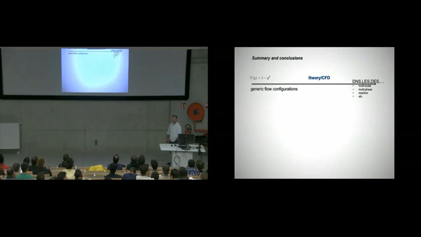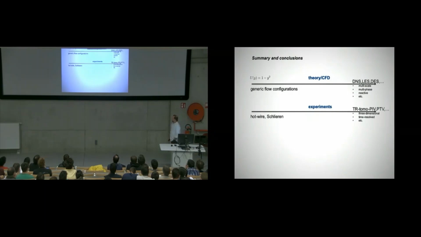So theory has moved on. CFD has certainly moved on. Same thing with experiments. We started out with hot wires, smoke visualization, Schlieren, very low key, and they still have a place. But now we also have much more insight into flows from an experimental point of view with Tomo PIV and time resolved PIV and PTV and so on.